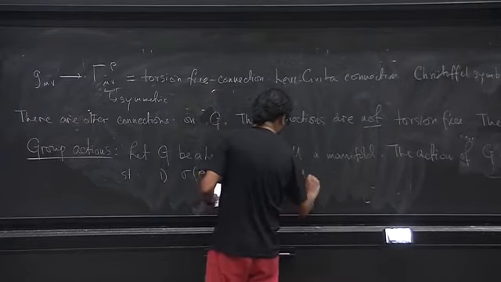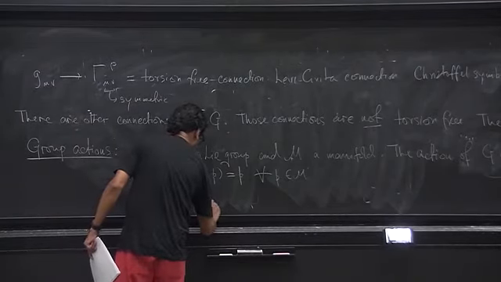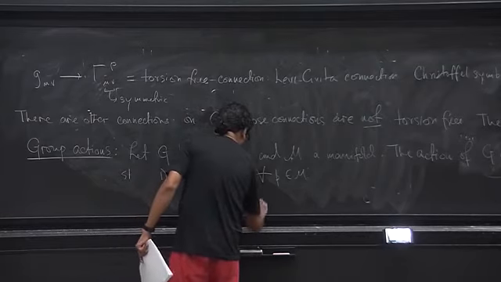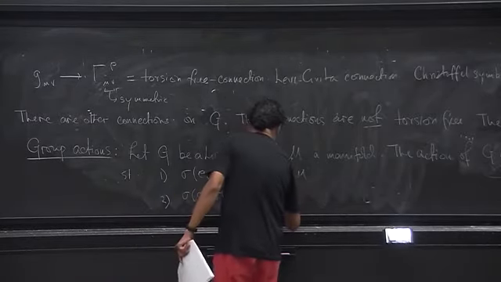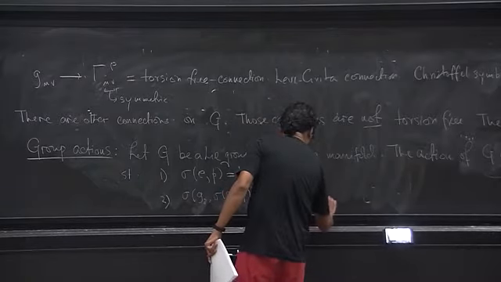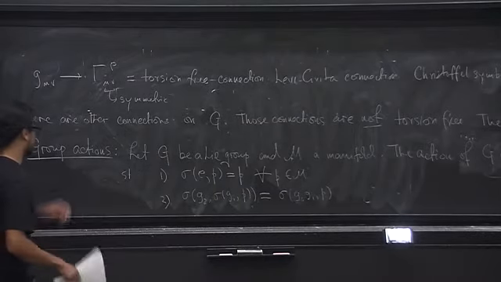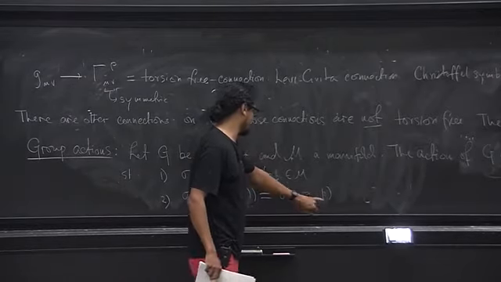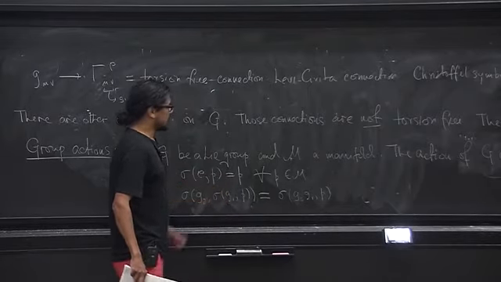and that the group multiplication law is implemented in this way, that if you apply G2, G1 on P, it is the same thing as applying G1 first and then applying G2 on the result of that.